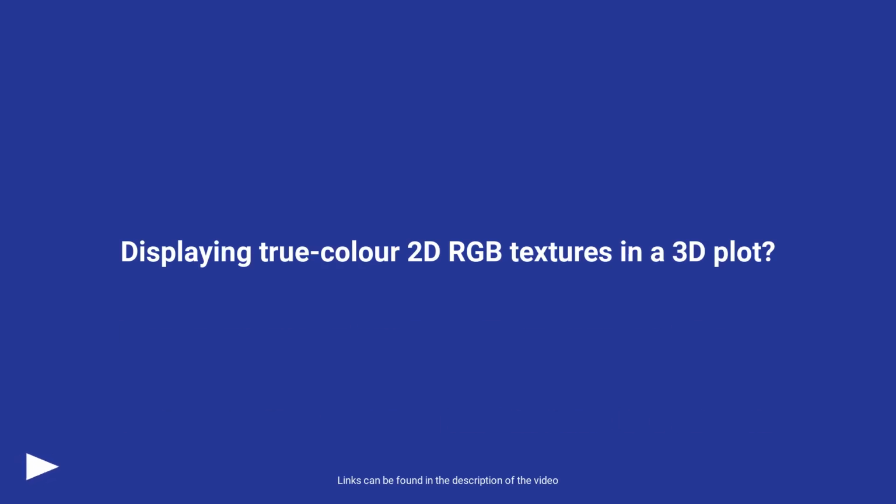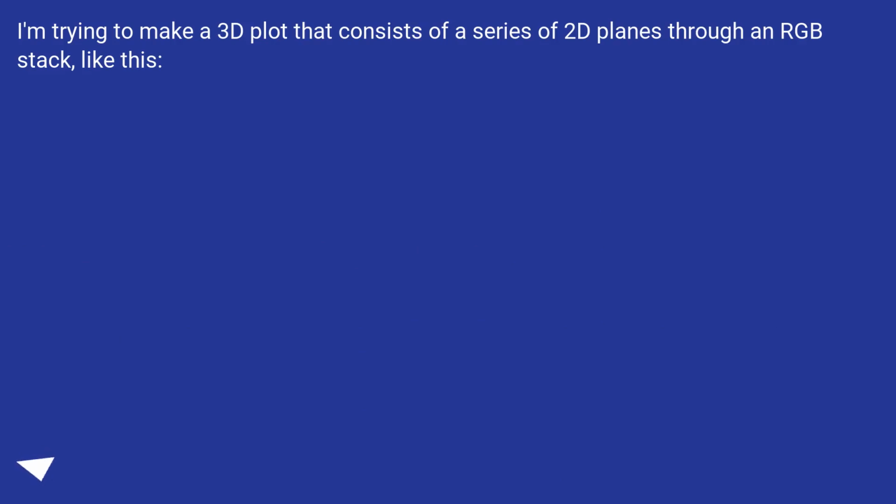Displaying true color 2D RGB textures in a 3D plot. I'm trying to make a 3D plot that consists of a series of 2D planes through an RGB stack, like this.